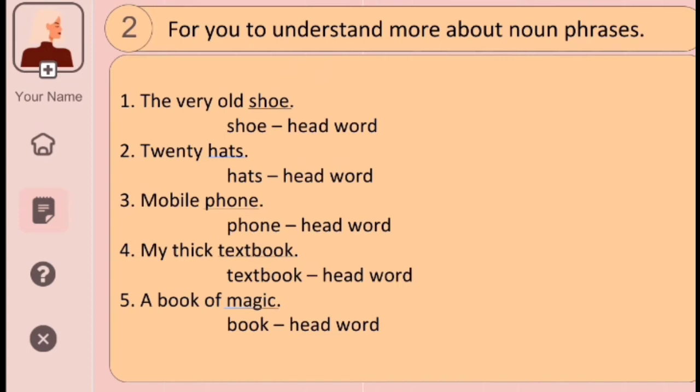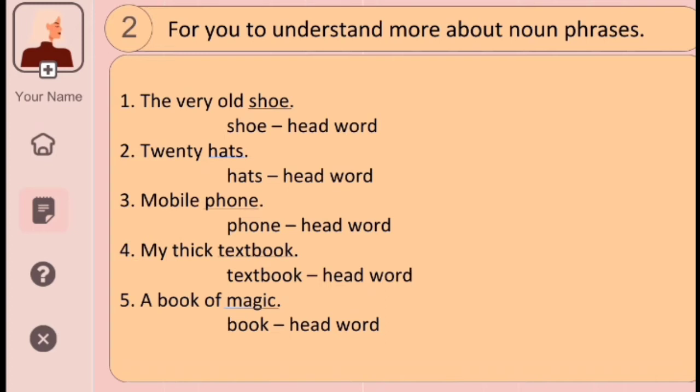The very old shoe. In this first noun phrase, shoe is the head word, and the other words pointing to the head word are the very old. It gives us information about the head word. Which shoe? The shoe that we had talked about earlier, the shoe that I'm pointing to. So what type of shoe?